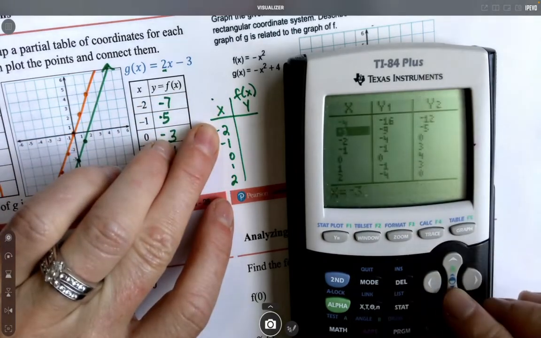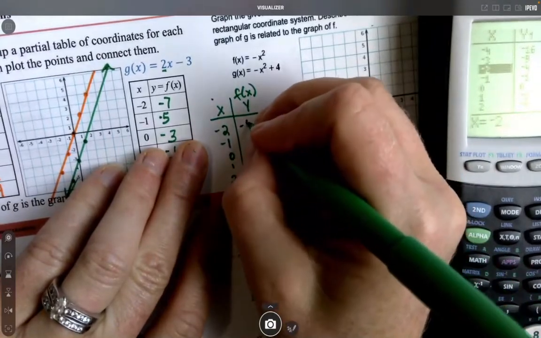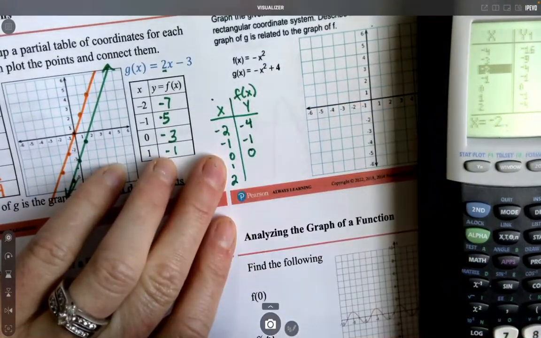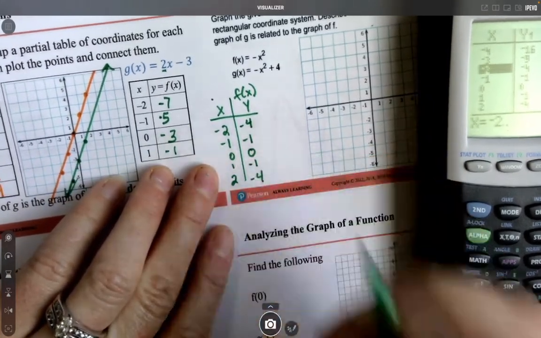So starting with -2, I get -4, -1, 0, -1, and -4.